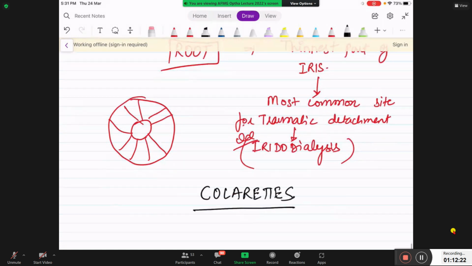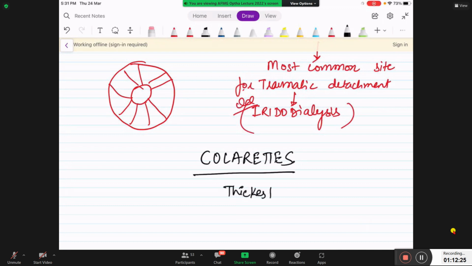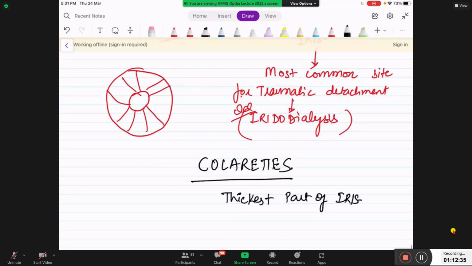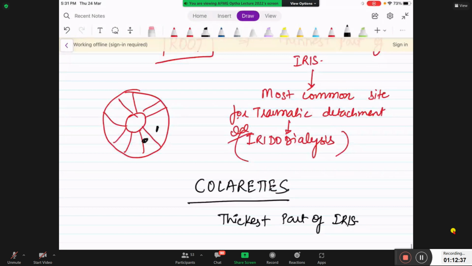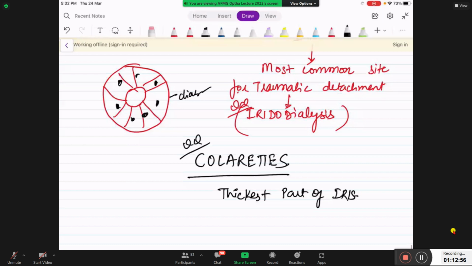The thickest part of the iris is called the collarette. Its location is between the iris and your ciliary body. You have to remember the name and why it is important, because it is the thickest part of the iris. Clear?